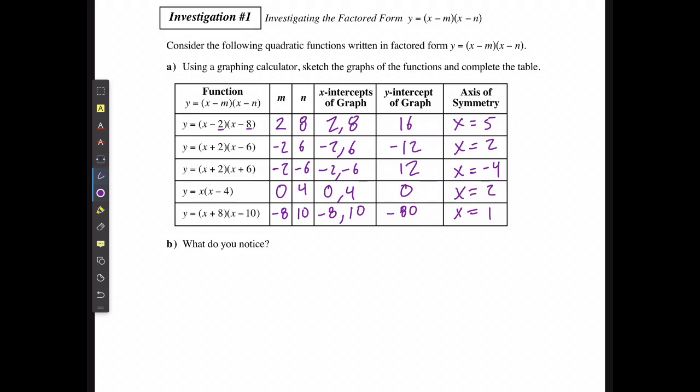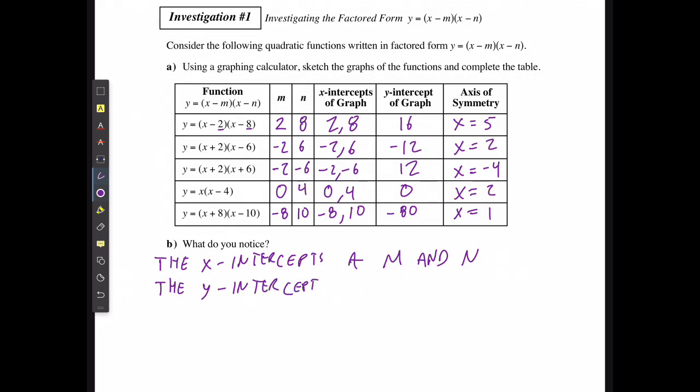What are the commonalities? Well, we can see the x-intercepts are the m and n values. The y-intercept is the product of m times n.